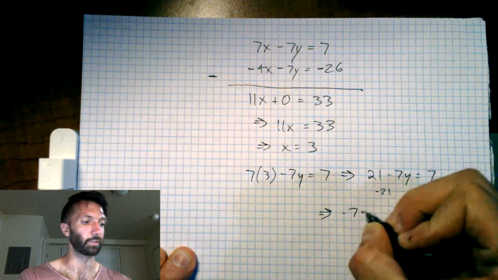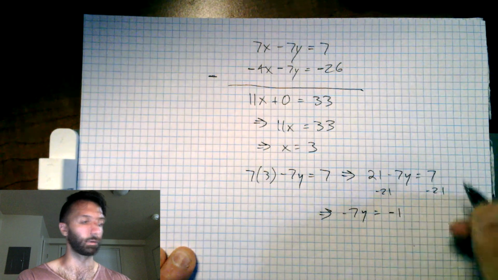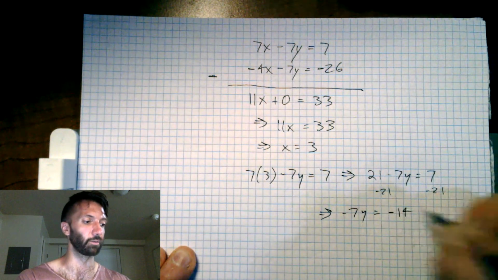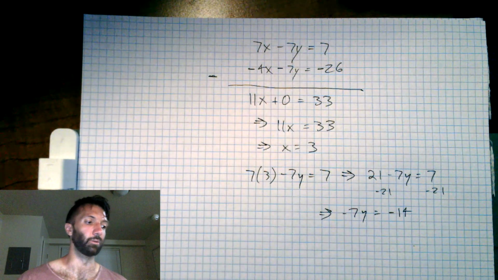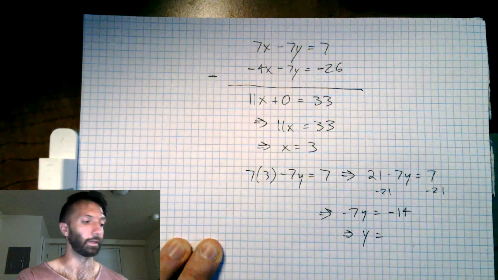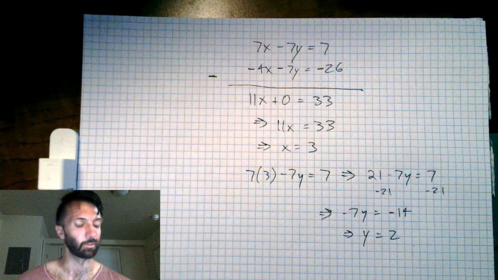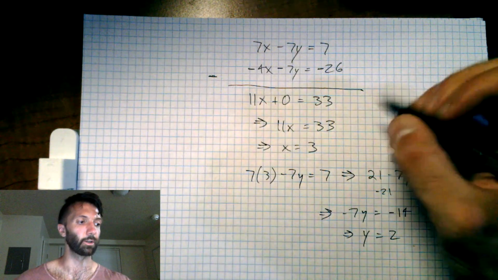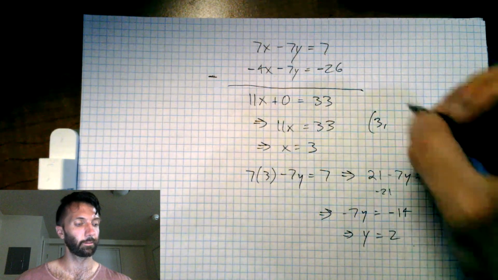So I get negative 7y equals 7 minus 21, which is negative 14. And then we divide both sides by negative 7. And so y equals positive 2, because negative 14 divided by negative 7 is positive 2. And so my solution to the system is positive 3, x always goes first, comma 2.